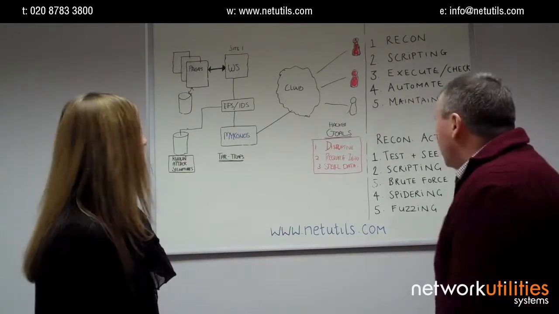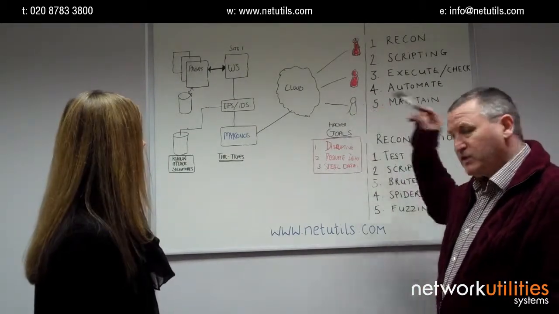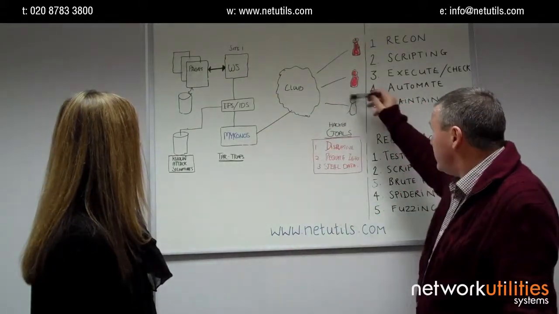Okay, thank you, Vanessa. Let's start by considering the normal user first of all, so we get an understanding of the diagram and the drawing here. So here's our normal user.